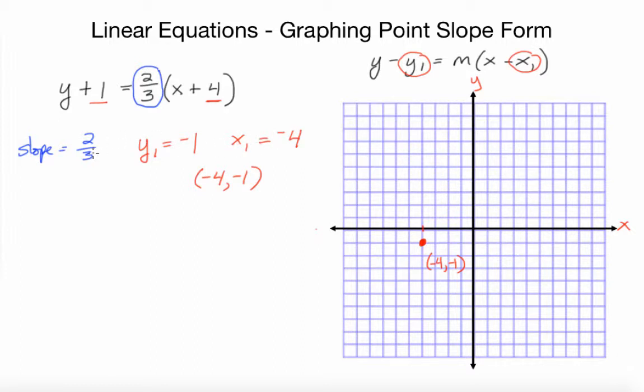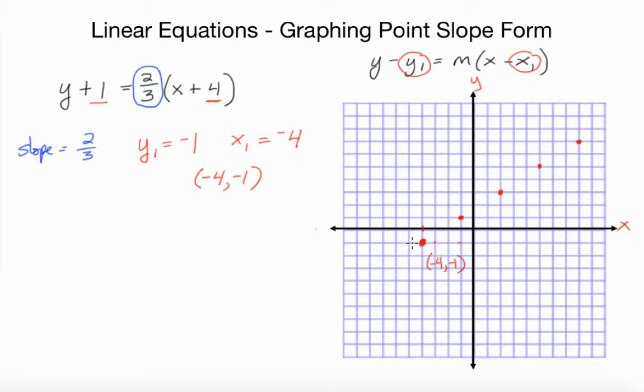Now the slope is 2/3, which means it goes over 3 for x. There's a change of 3 in x. 1, 2, 3. And when that happens, there's an increase of 2 for y on top. So we can use our slope to find other points. Just follow this consistent rate of change, over 3 up 2. There's our nice linear pattern that forms.